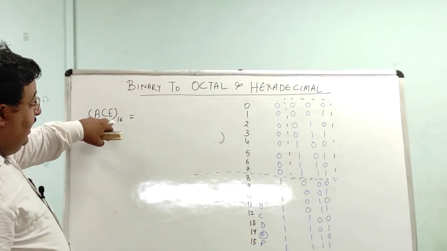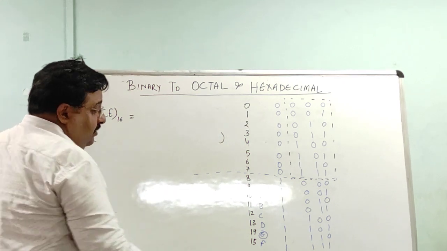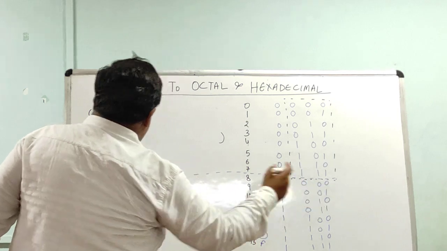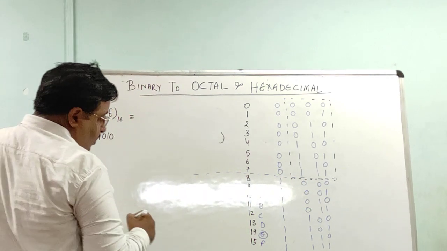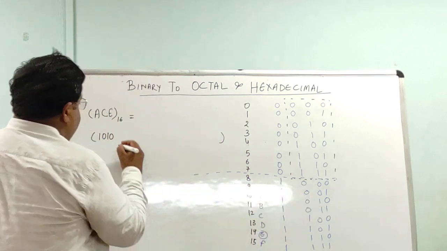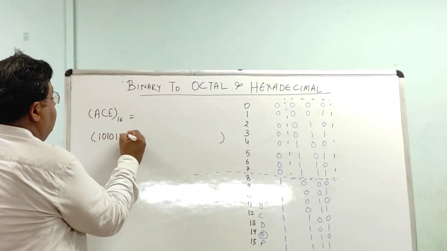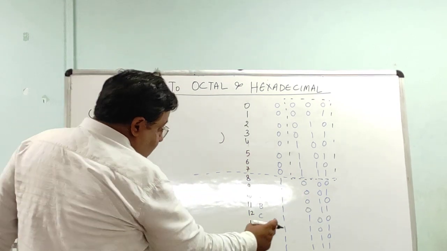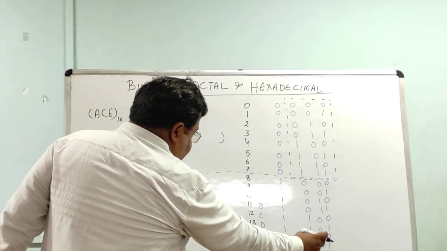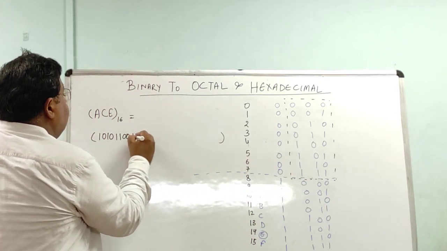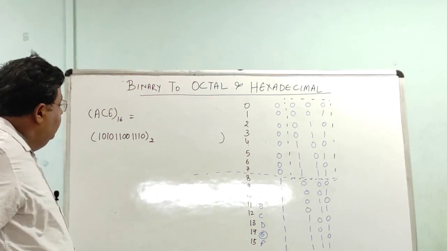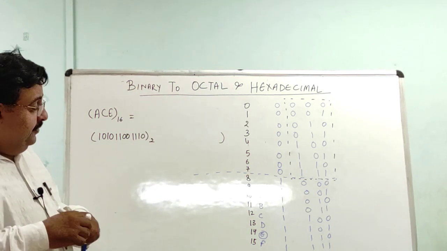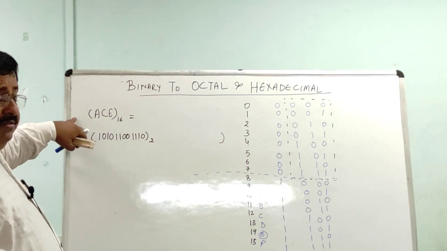So, A, what is the binary of A? 1010. So, I will write 1010. For C it is 1100. For E it is 1110. So, this is the binary representation of this number.